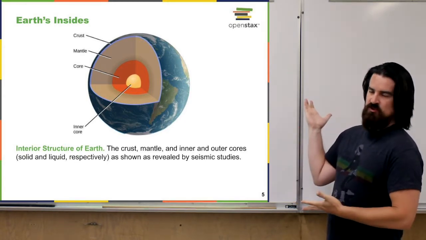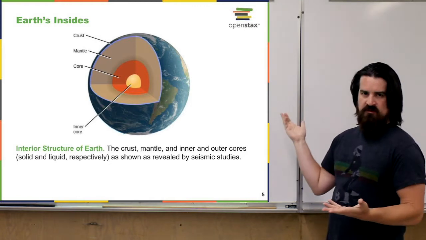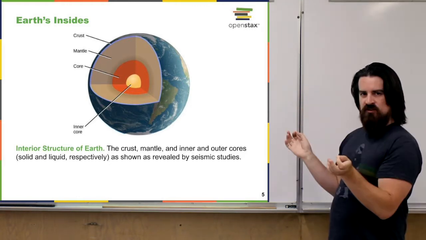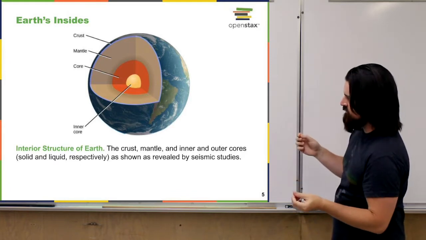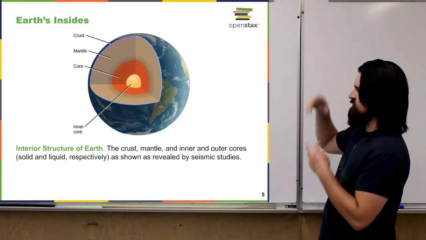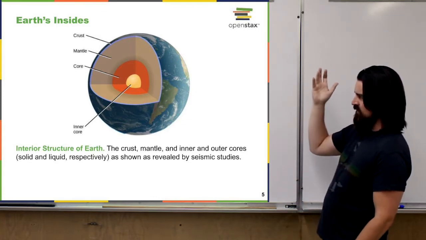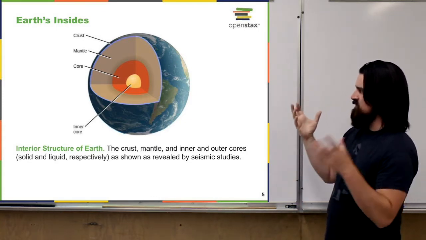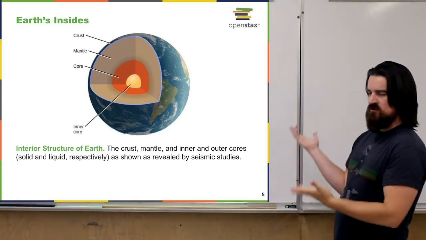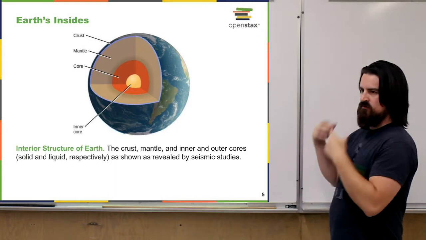You've probably seen this picture before, the makeup of the inside of the Earth. The crust is a relatively very thin layer around the outside of the planet. Below that is quite a large region that we call the mantle, and within that is then the core. Something we've realized is that the core and the inner core are very hot.